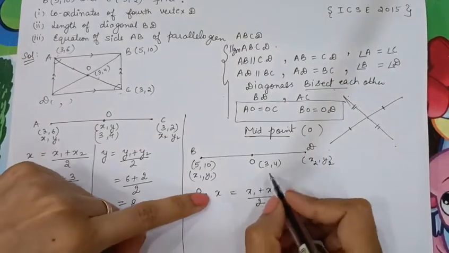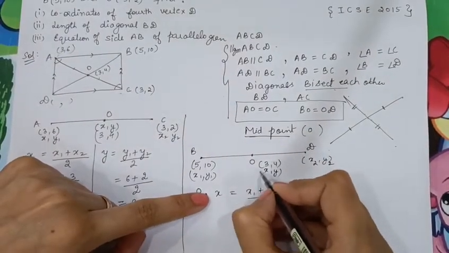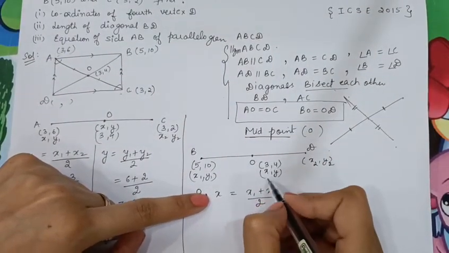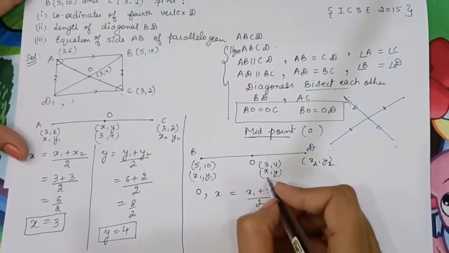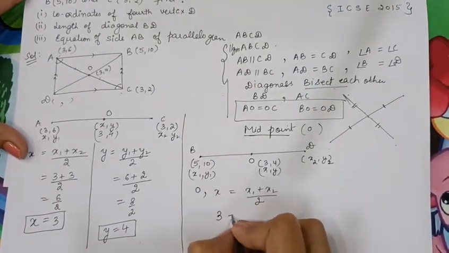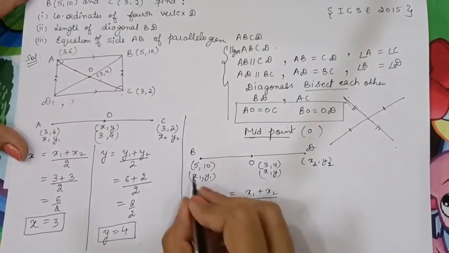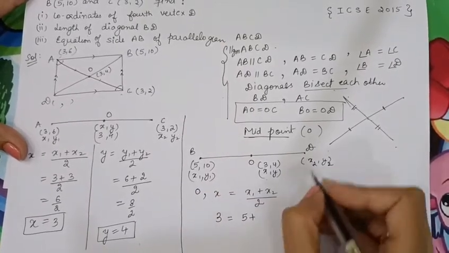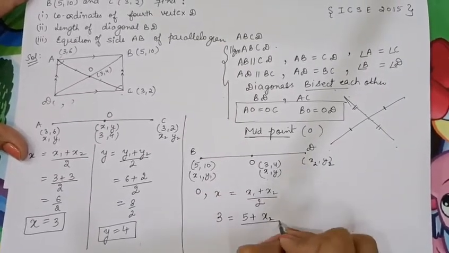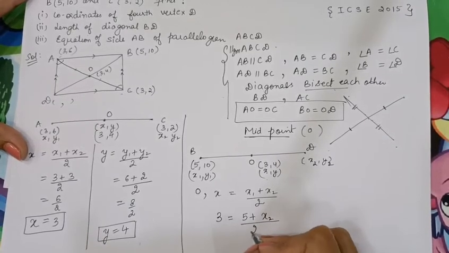Here XY are the coordinates of the midpoint. X we already found, the value of X is 3, which I am substituting. X1 is 5 and X2 is X2 only, because that is what we have to find, by 2.